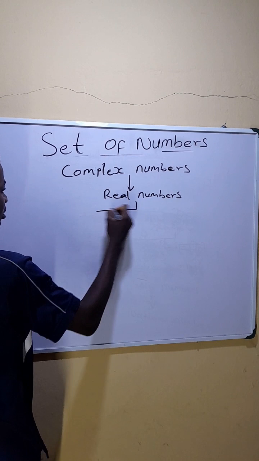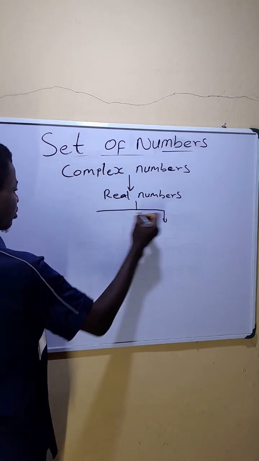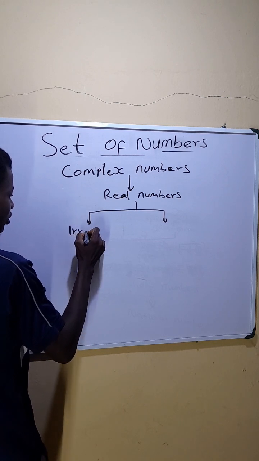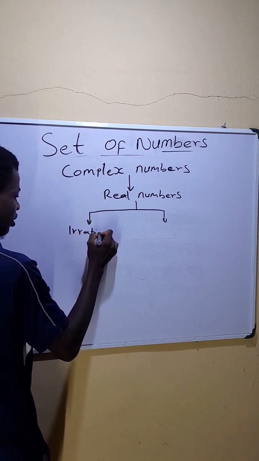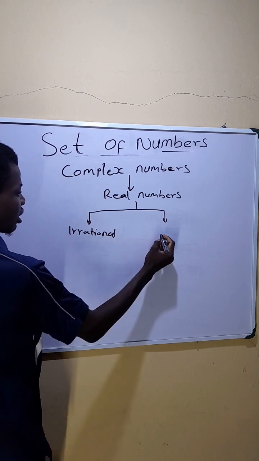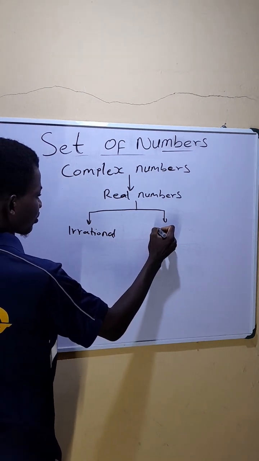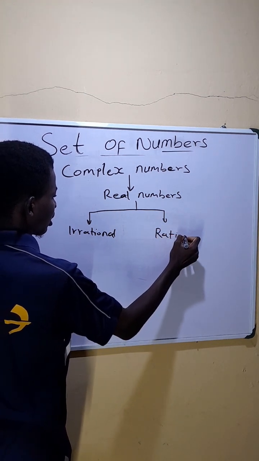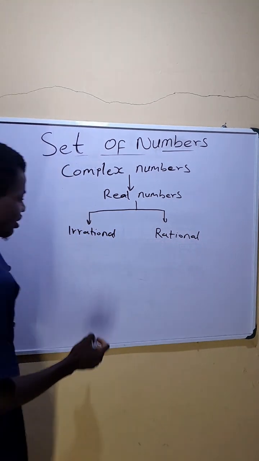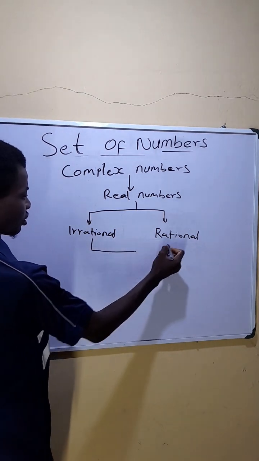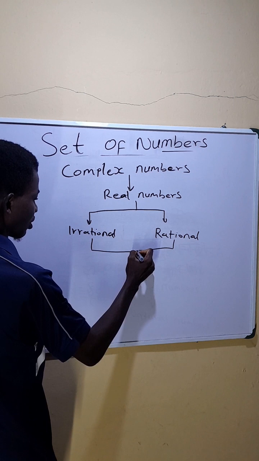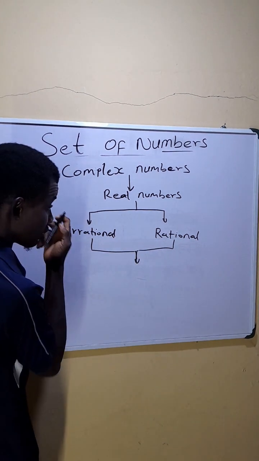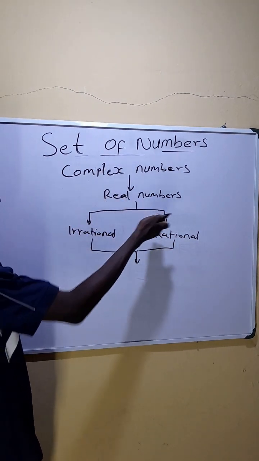Now this real spreads into two: rational and irrational numbers.